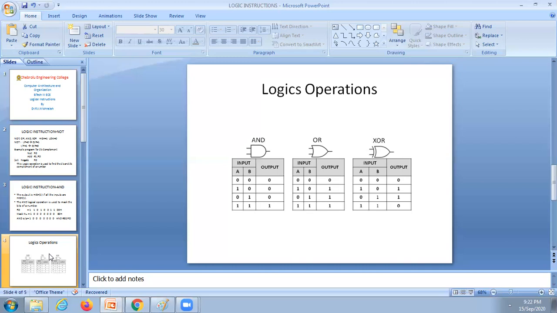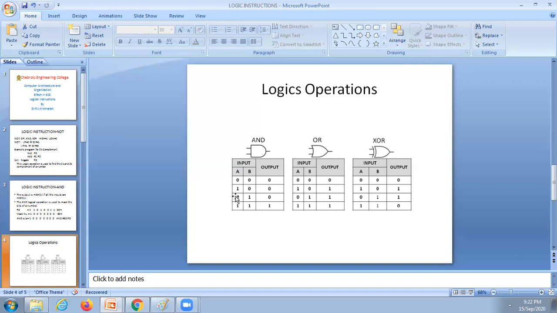Here in the first 3 cases, both are not ones. In the second case only 1 is 1, in the third case also only 1 is 1. So in the first 3 cases, all the inputs are not high, so output is 0. In the last case, all the inputs are high, so the output is high. This is AND logic.